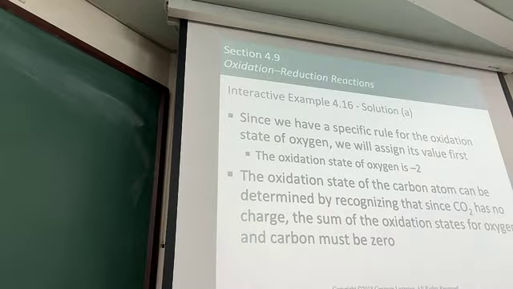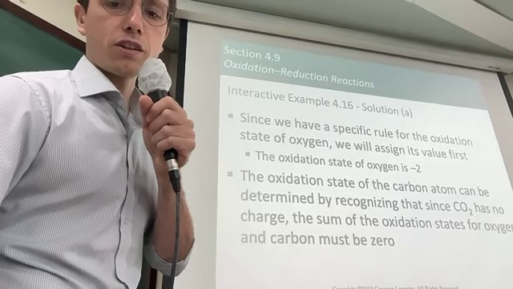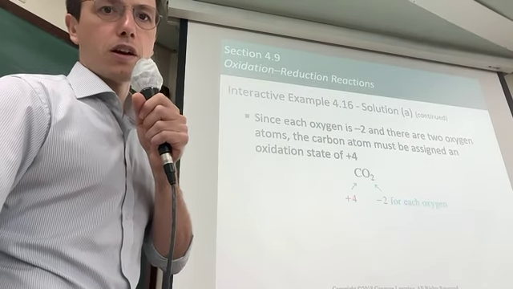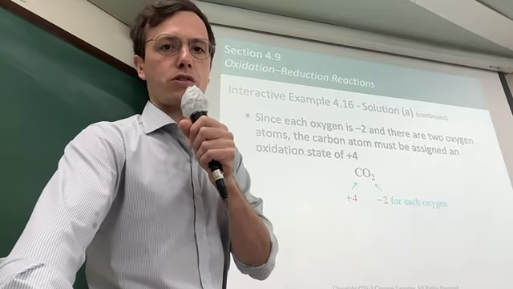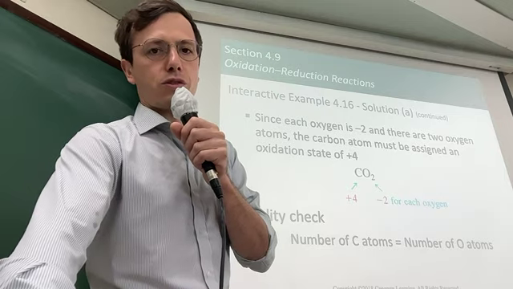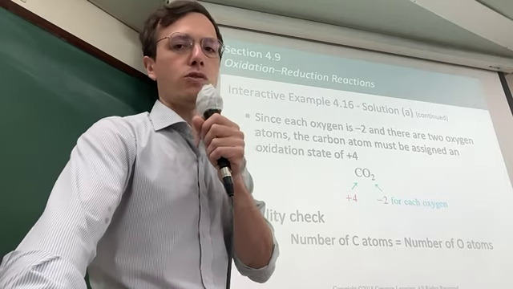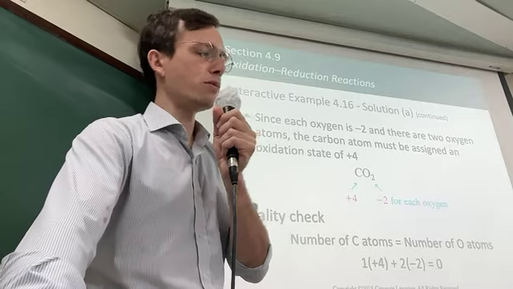So if these oxygens are -2 and -2, the carbon has to be +4, right? To neutralize the charge. So we have +4 for carbon and -2 for the oxygens. Okay, and just to check, you can see if the neutrality is satisfied, and it is. +4 -4 is 0.